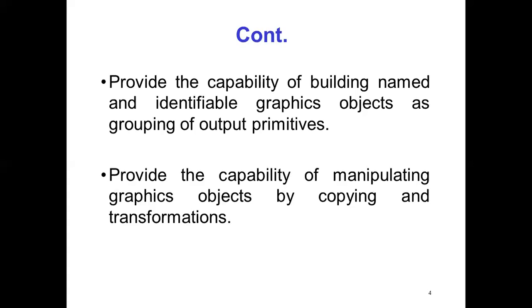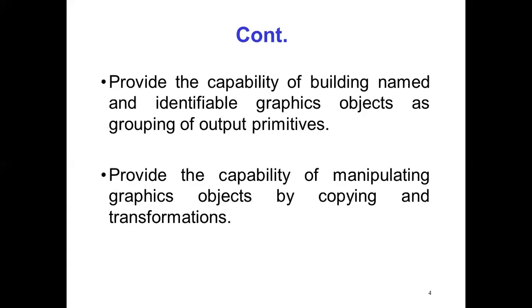Another thing is to provide the capability of manipulating graphics. Just by copying and using transformations, we can manipulate various graphics objects. Suppose we select any image or object and want to copy it from one place to another, we can use the copy command. We can also use various types of transformations, which we have already discussed.